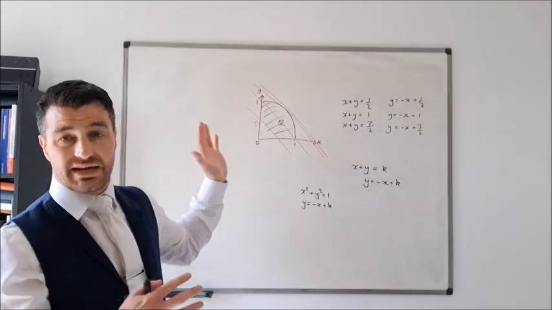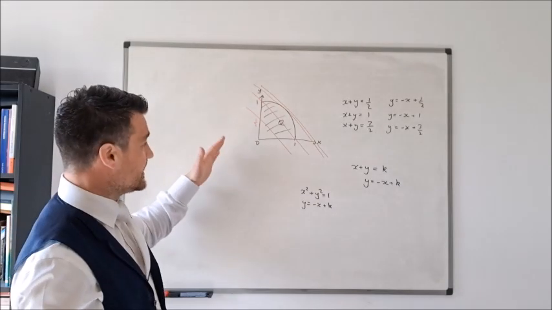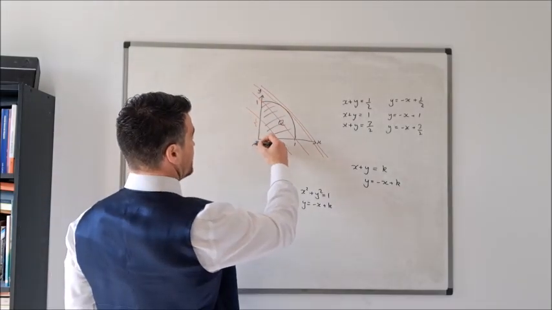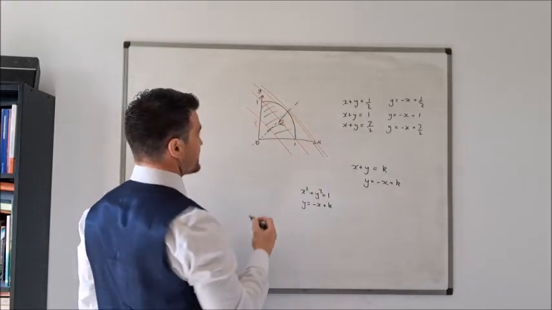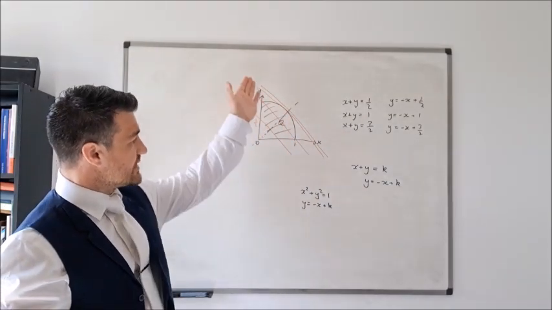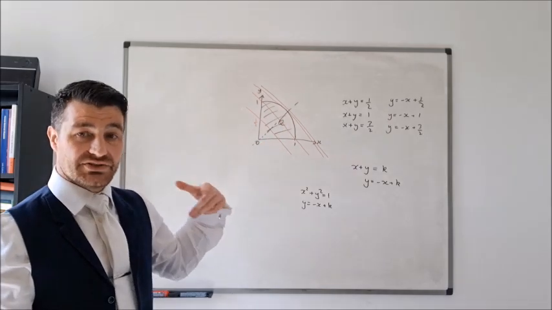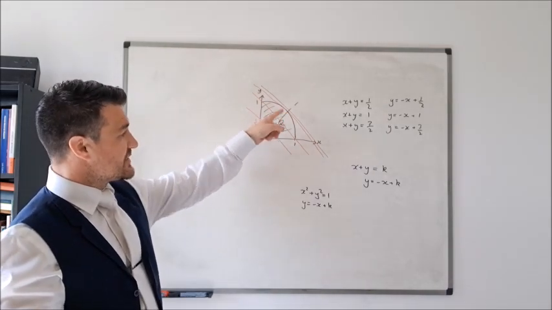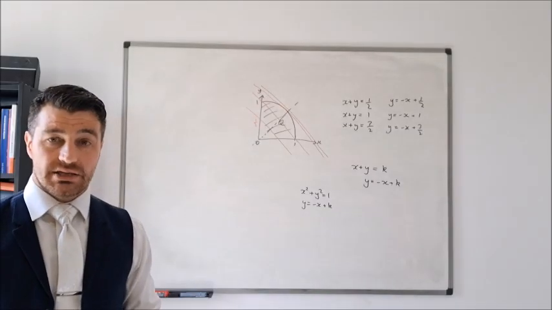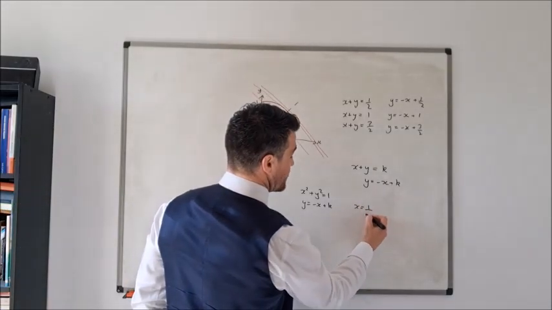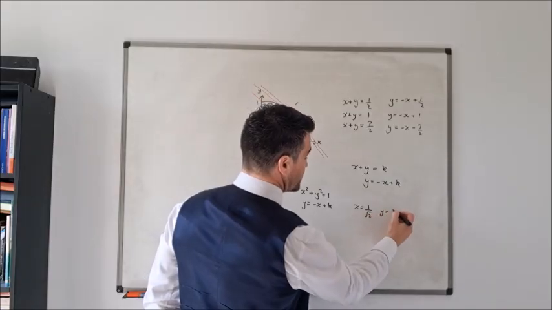My diagram's not drawn terribly accurately, but there is a symmetry in the line y equals x, which indicates that this line with gradient minus 1 is going to be tangent to the circle Q at this point when x is equal to y, which is clearly going to be when x equals 1 over root 2 and y equals 1 over root 2.